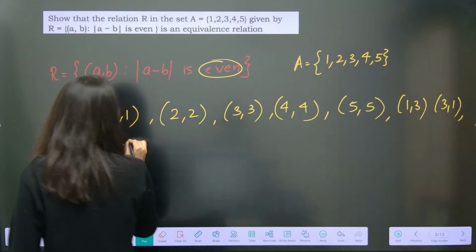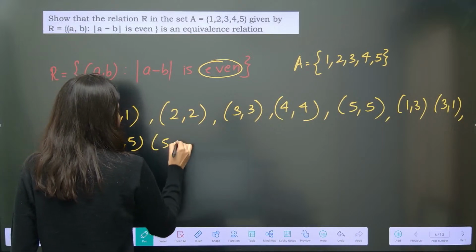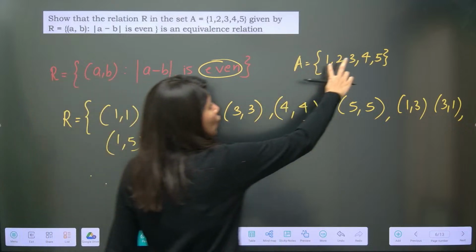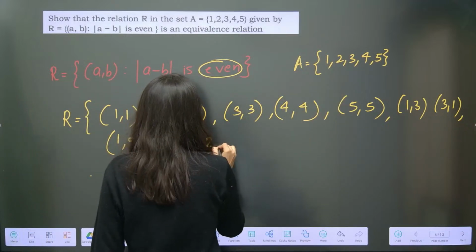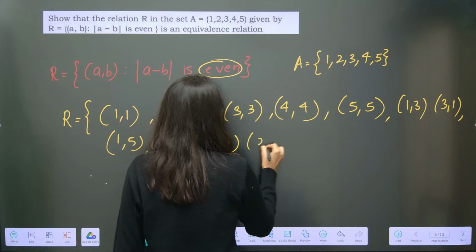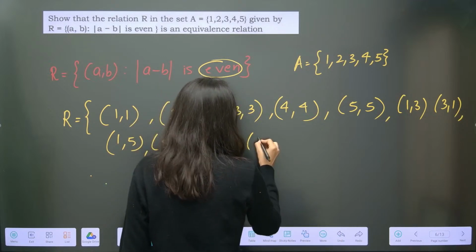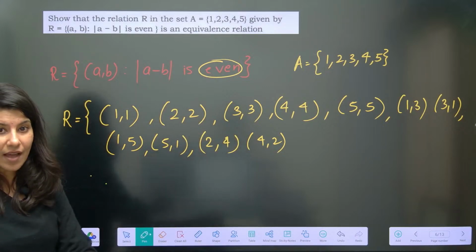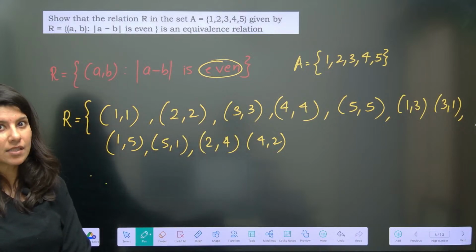Then (2, 4) will work and (4, 2) will also work. So clearly my relation is a symmetric relation as well. Can you see that? My relation is definitely symmetric.